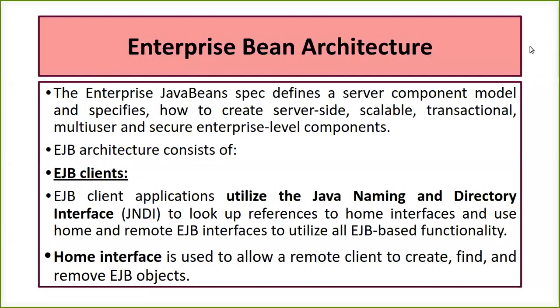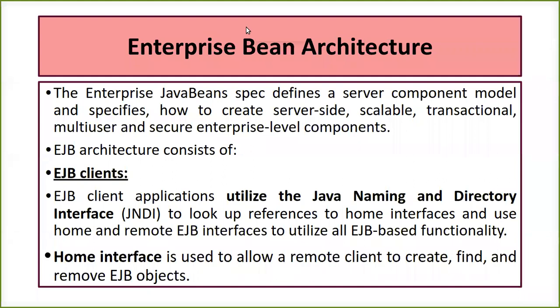It can make use of two things: the home interfaces and the remote EJB interfaces. I'll let you know what exactly these two terms are. Just understand, we're going to have an architecture. The first thing it consists of is the EJB client. It is an application which has been developed, and its main task is to utilize JNDI, which is meant for referring to the data which the client requires.